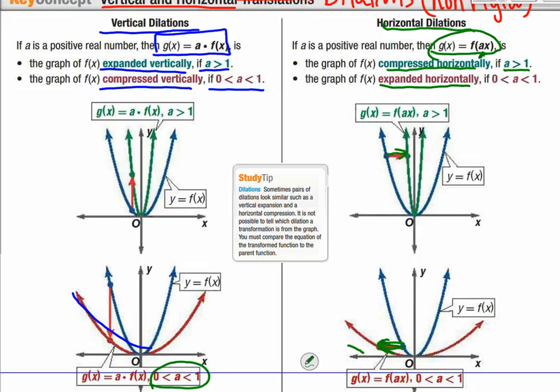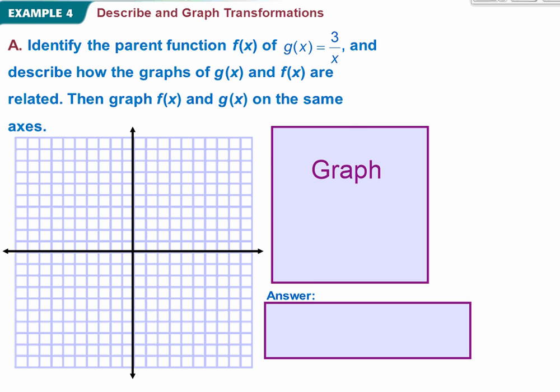You're pushing it out and it's considered expanded, even though that number is between 0 and 1. So compressed or expanded, it is what you think it is vertically. It's generally the opposite if it's going horizontally.